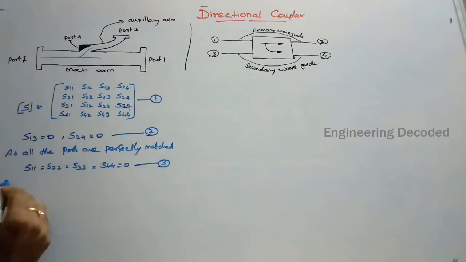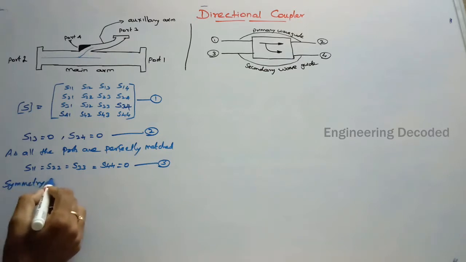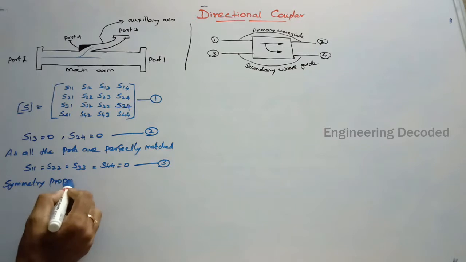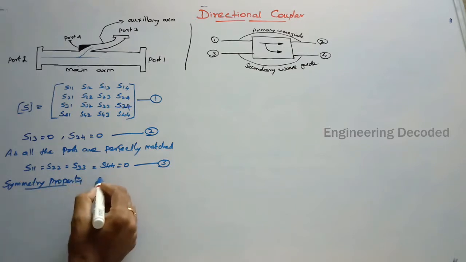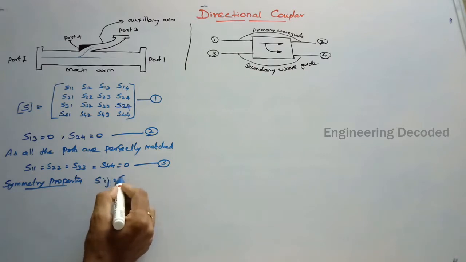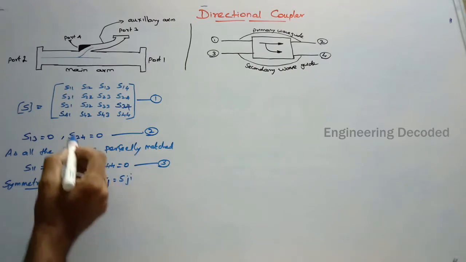Now symmetry property. So we know symmetry property is Sij is equal to Sji.